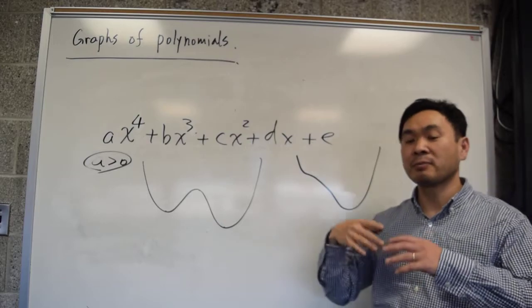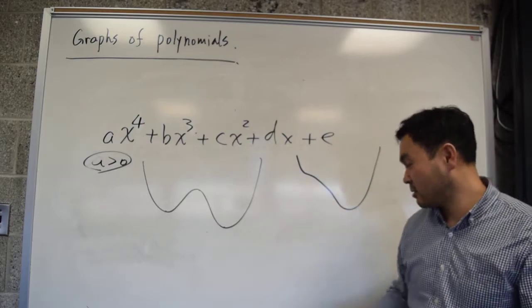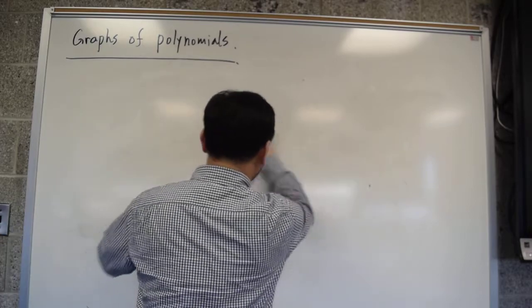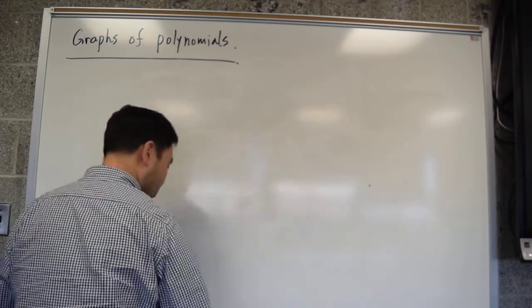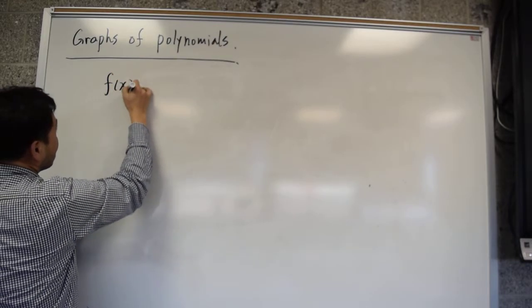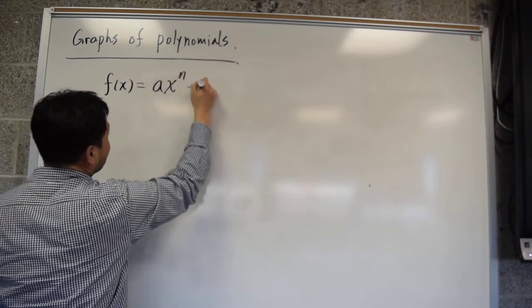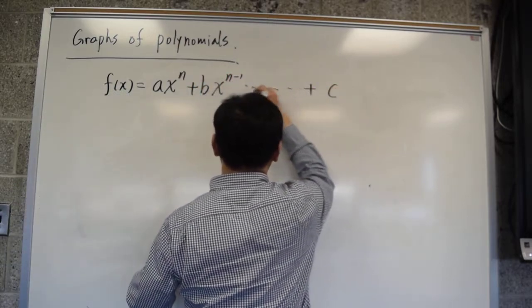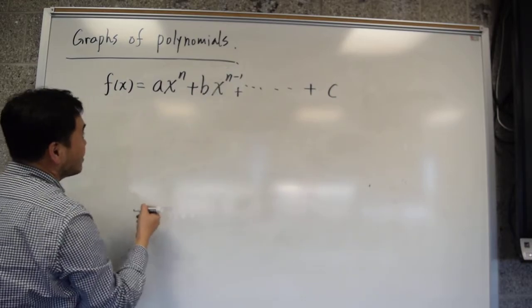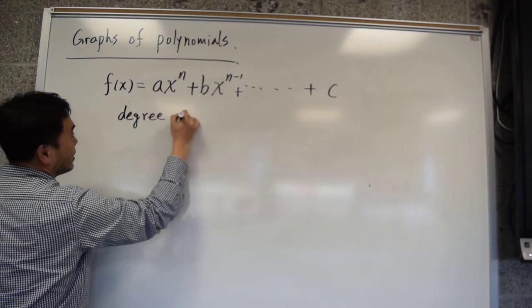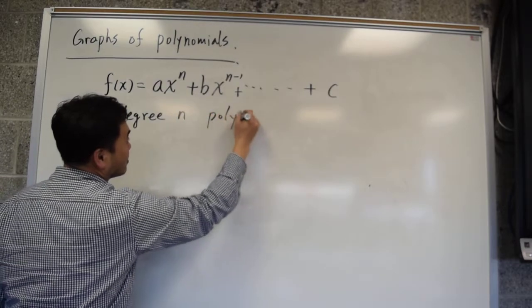To summarize, maybe I should write it, okay? f of x equals ax to the n plus bx to the n minus 1, and so on. This is called a degree n polynomial.